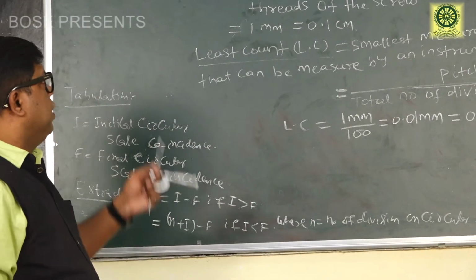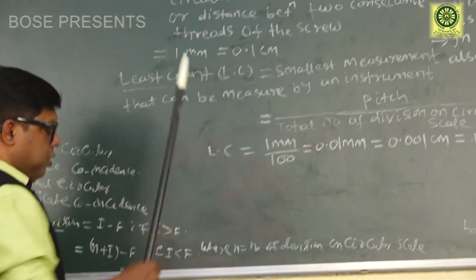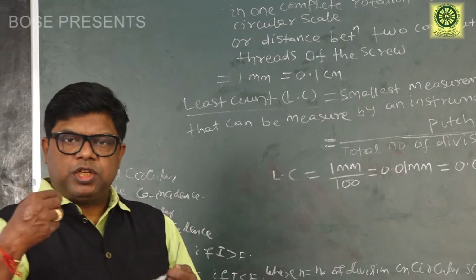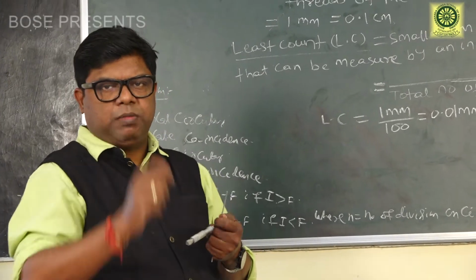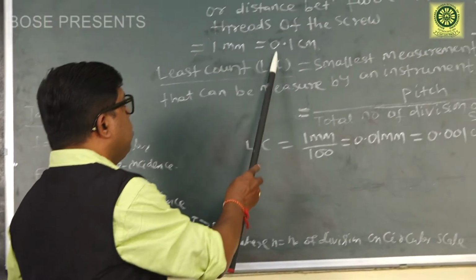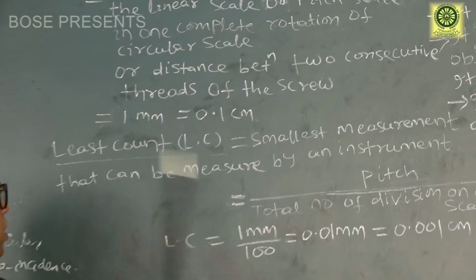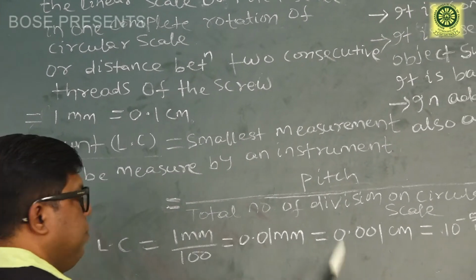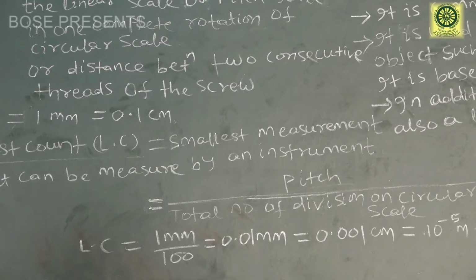In this case, the pitch is equal to 1 millimeter, because in one rotation of the circular scale the distance traveled along the linear scale is 1 millimeter, or 0.1 centimeter. The least count is equal to the pitch divided by the number of divisions. The number of divisions on the circular scale is 100.